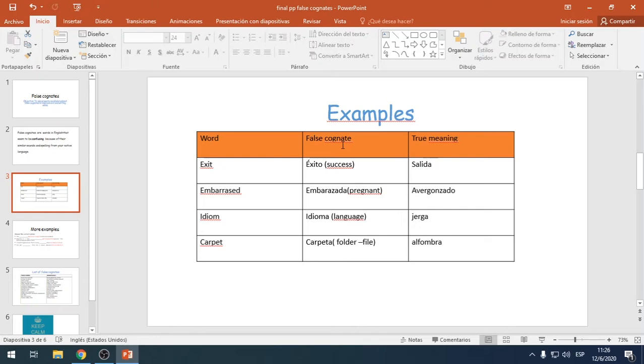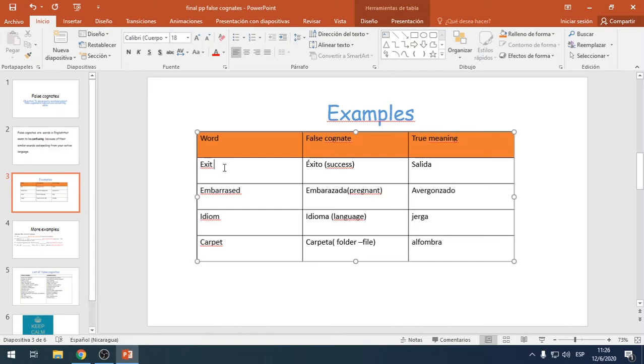For example, when you hear the word exit, you confuse it with éxito, but that's not correct. The meaning of exit is salida. Why? Because how do you say éxito in English? You say success. So exit is a false cognate. You think that because of éxito, which sounds similar in your native language, you confuse the meaning.